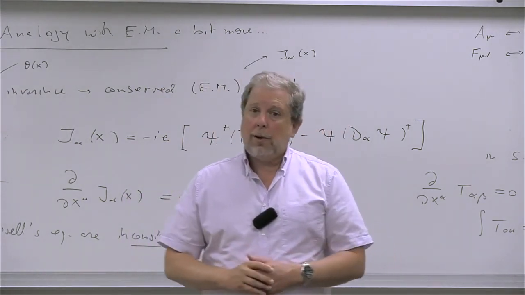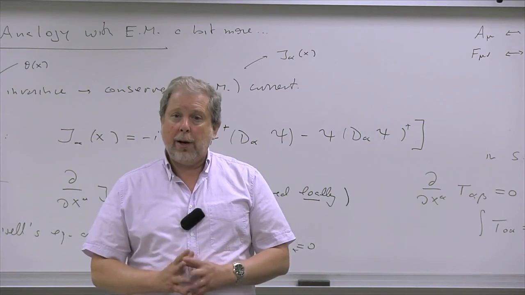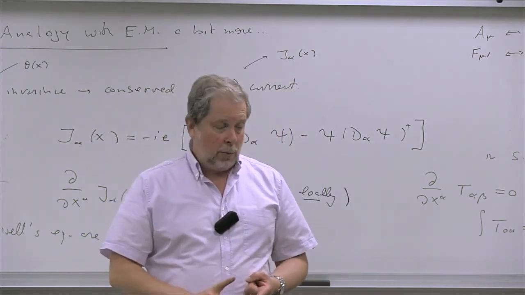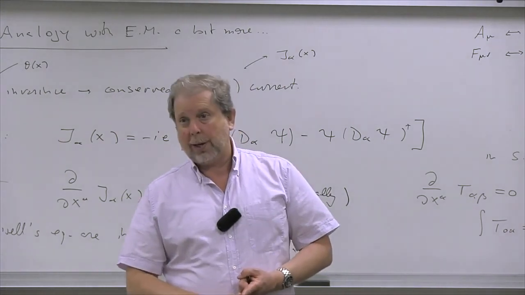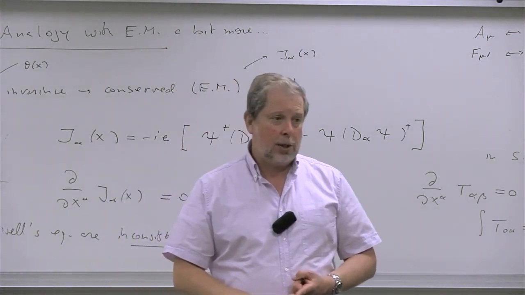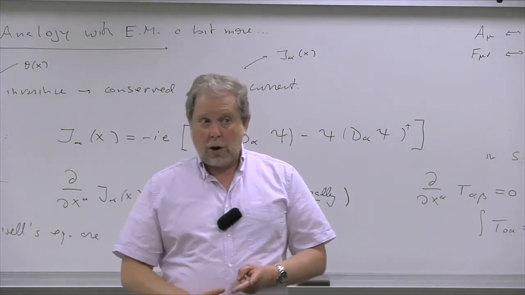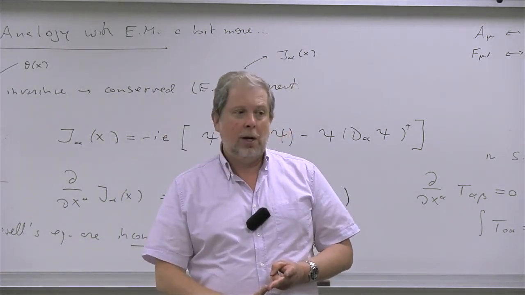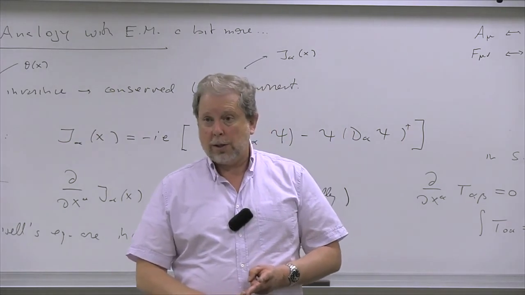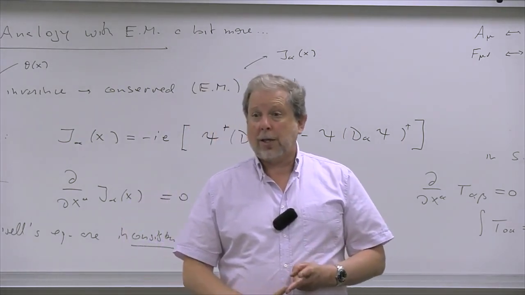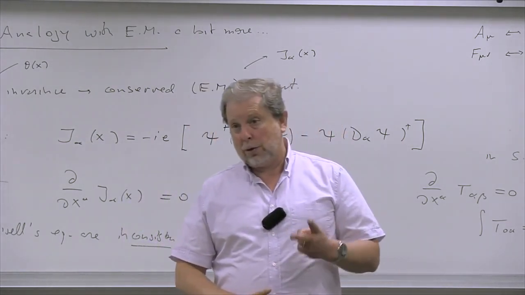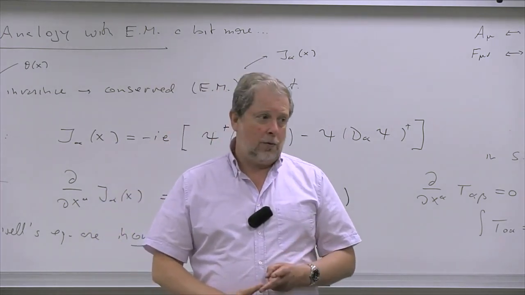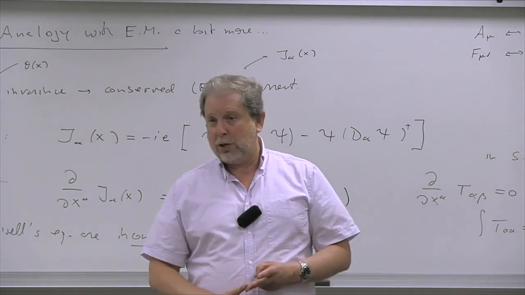Many of these considerations actually go way beyond electromagnetism, because we have learned now that the weak interactions are described also by a gauge theory, which has these W's and Z's. And we have learned that the strong interactions are described by a gauge theory, which is called quantum chromodynamics, where you have an octet of gluons. And you have also there an exact local invariance, and you have a conserved color current. So it looks like nature, for whatever reason, likes gauge theories.